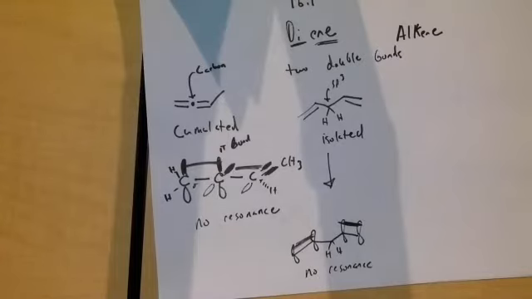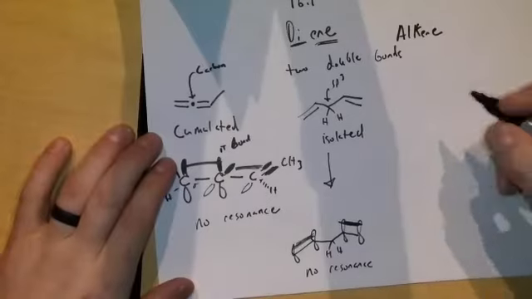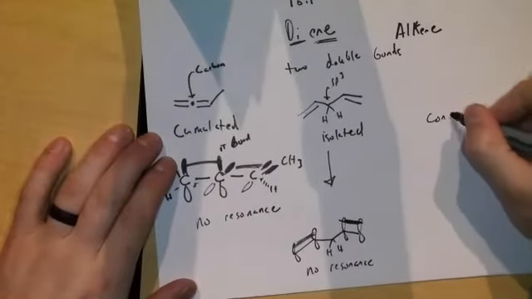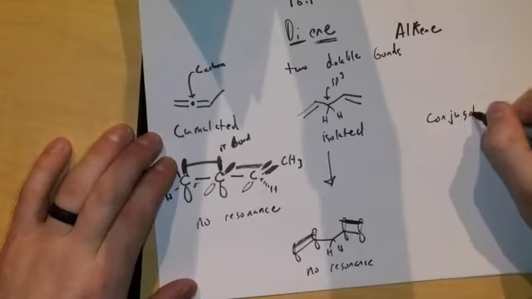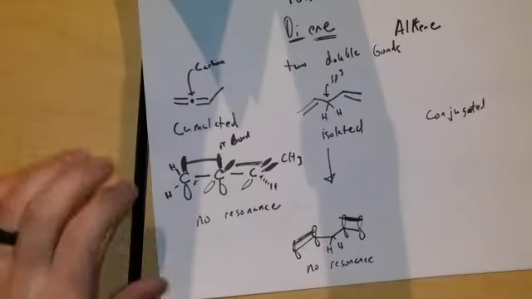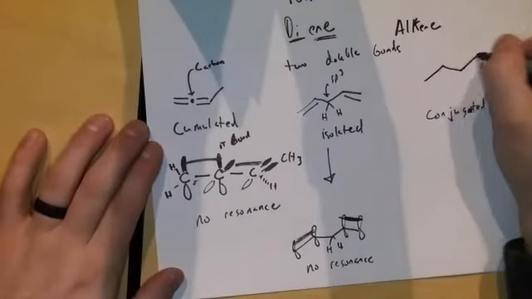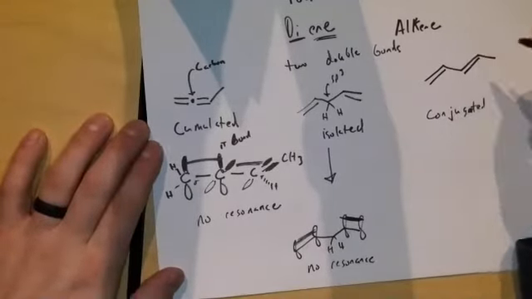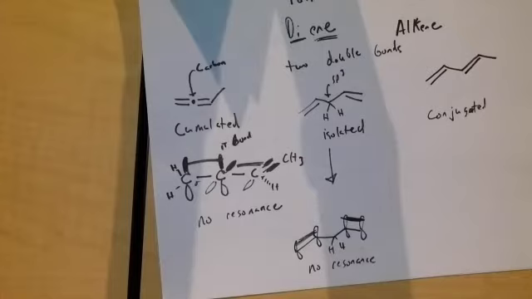Our last type is going to be conjugated. And as you might have guessed, these do have resonance. So we have this where they are essentially spaced out. They're not on top of each other.